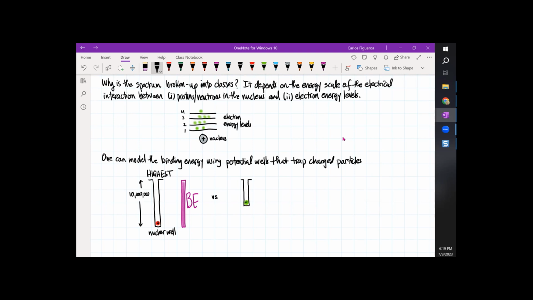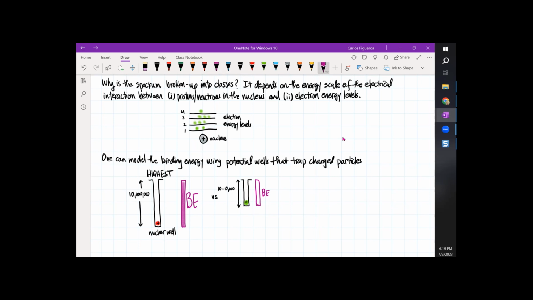The range of this varies quite a bit. If I look at the depth of this guy, the depth is somewhere between, let's say, 10 to around 10,000 electron volts. So when you look at this binding energy, this is considerably smaller.